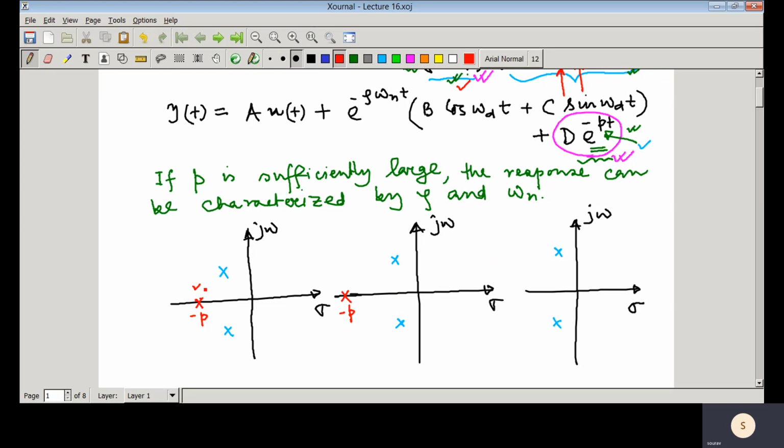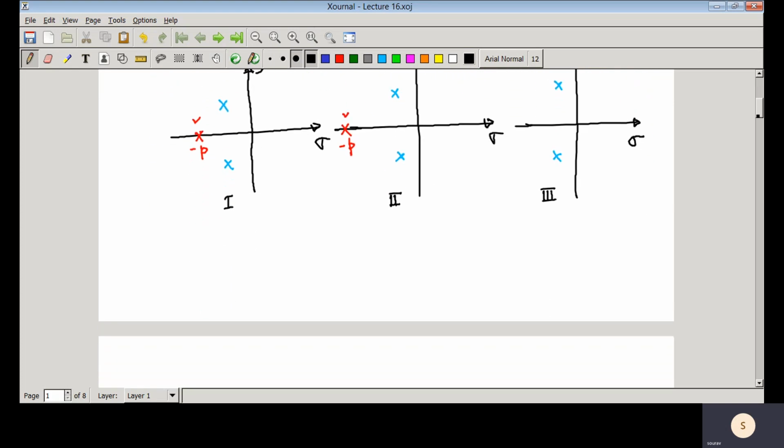So this one is closer to the origin, this one is a little bit further from the origin, and here we assume that this pole is at minus infinity. So that means it is a standard second order system. And if we say this is case 1, this is case 2, and this is case 3, in that case, what would be the response?